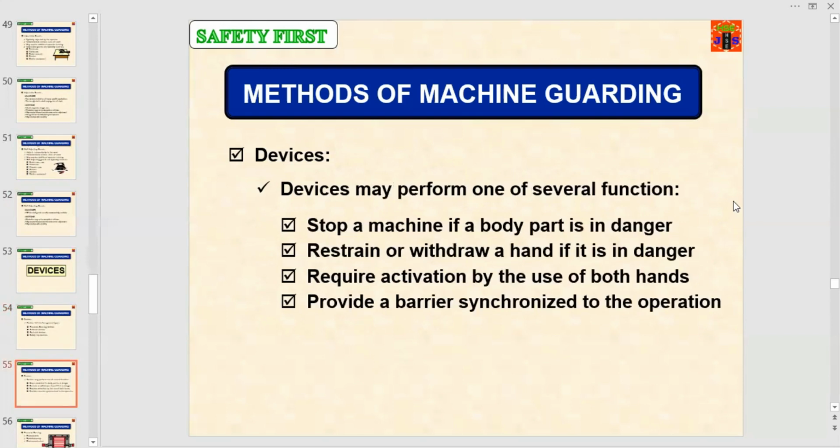Devices may perform one of several functions. Stop a machine if a body part is in danger. Restrain or withdraw a hand if it is in danger. Require activation by the use of both hands, and provide a barrier synchronized to the operation.